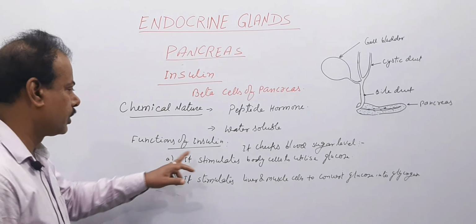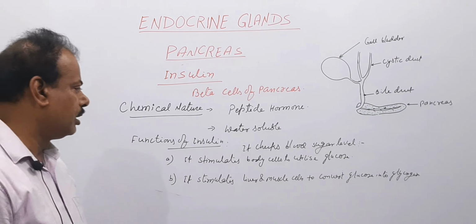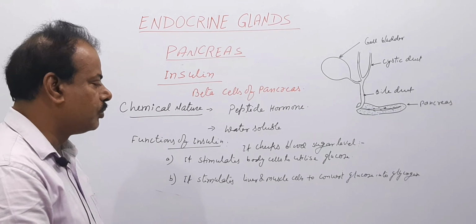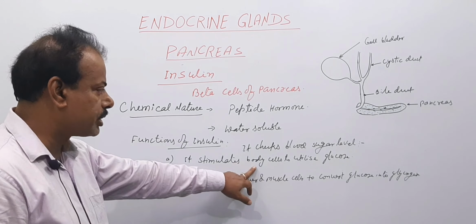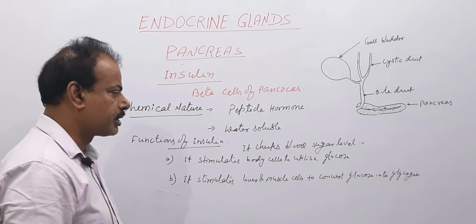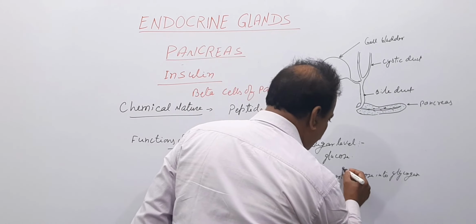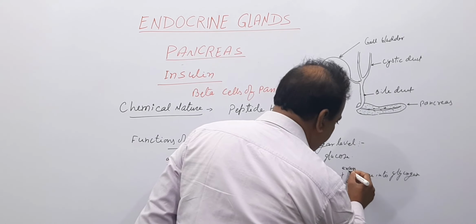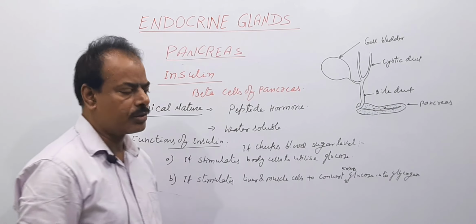So in this way, insulin checks blood sugar level by performing two activities. It stimulates body cells to utilize glucose, and it stimulates liver and muscle cells to convert excess glucose into glycogen.